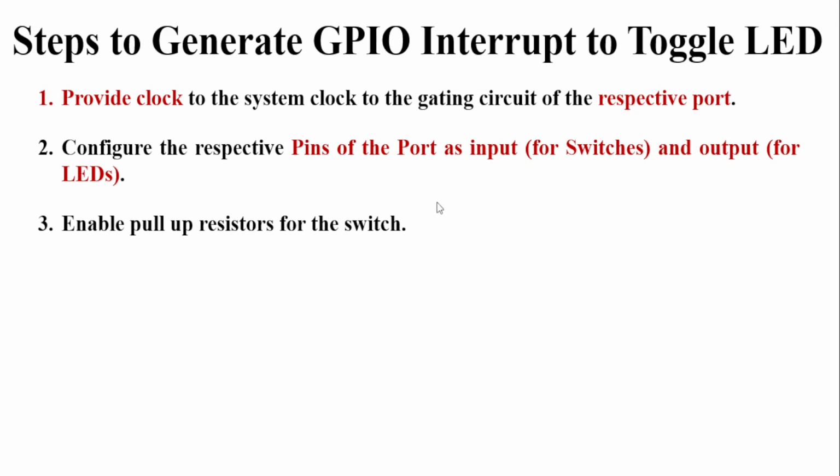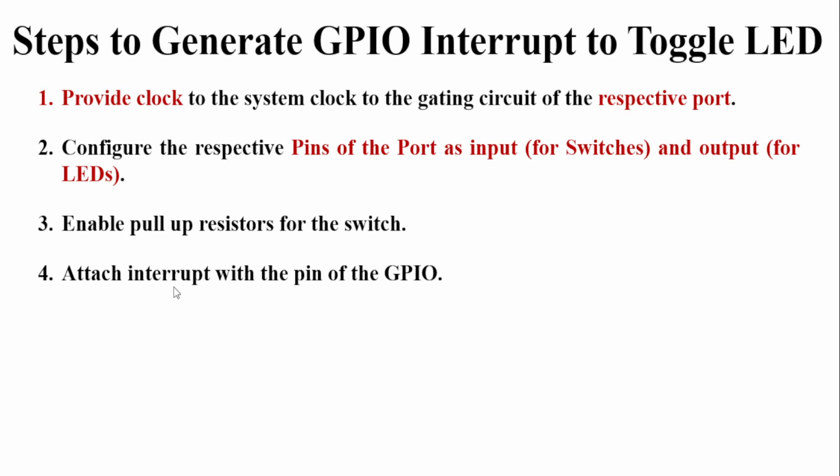Then, because we are using a switch, we have to enable the pull-up or pull-down register so that the pin is not floating. By default, the switch terminal will be either at 5 volt or 0 volt. When you pull up the switch, the default voltage will be 5 volt.